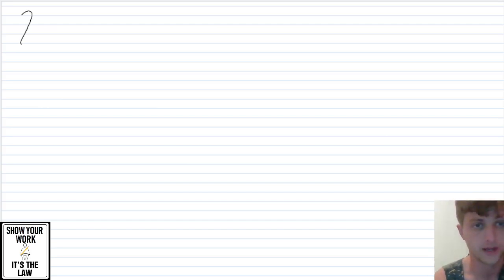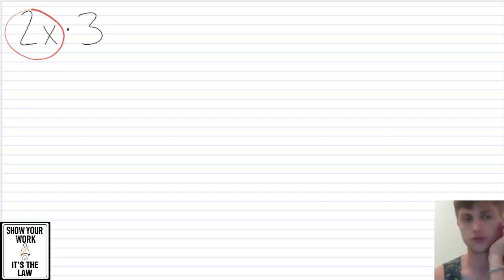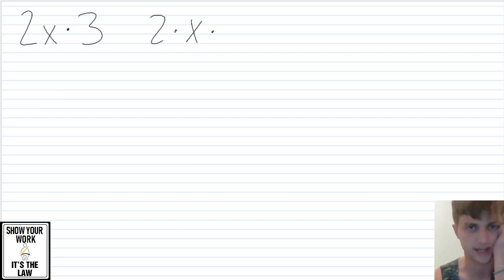Let's say we have a 2x times a 3. Now, remember, this grouping right here, whenever we have two things touching like that, it's just multiplication. So really, this is like 2 times x times 3, okay? And because of our commutative property, we know we can rearrange this.